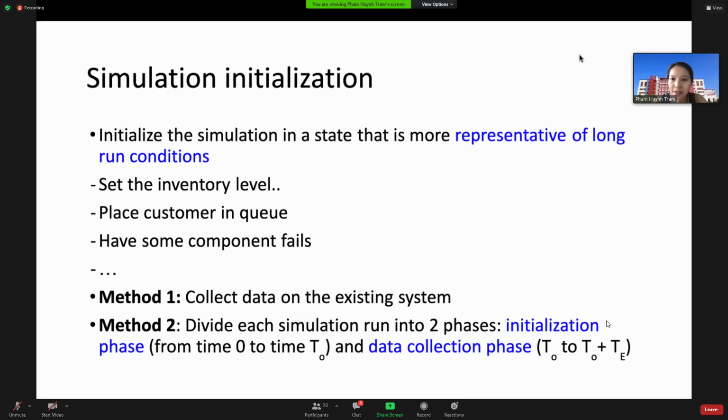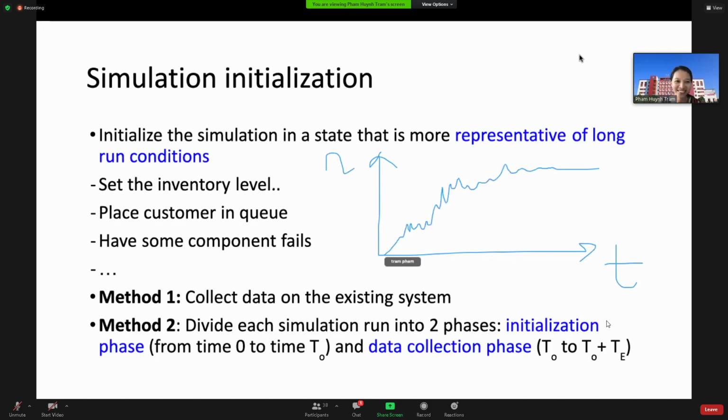Okay, let's say we plot this here. So we look at the customers in the system. This is time, and this is the number of customers. At the beginning, we don't have any customer, then it's increasing, then it's stable. Okay, what we want to look at is here.